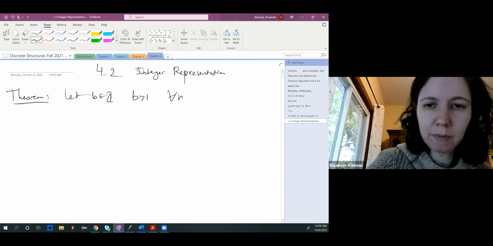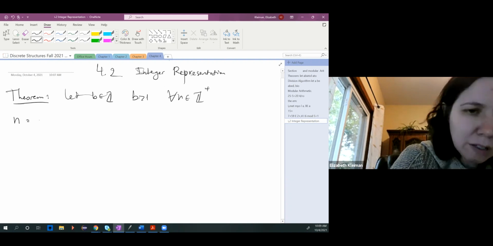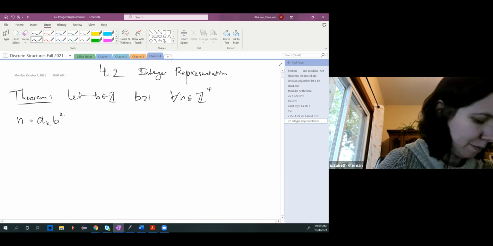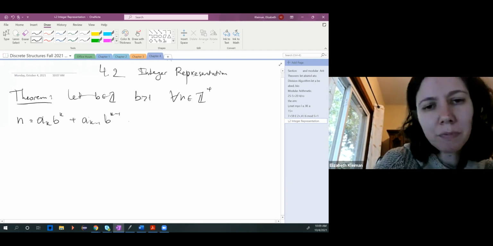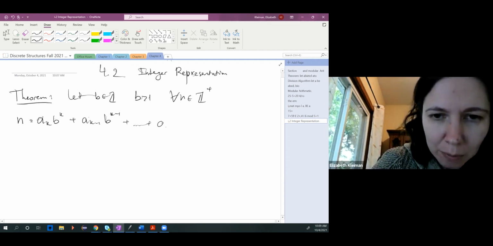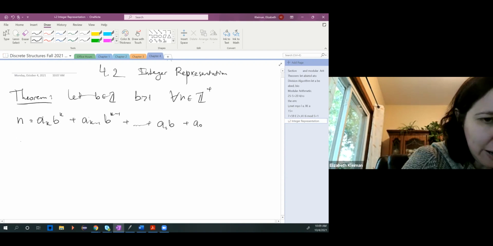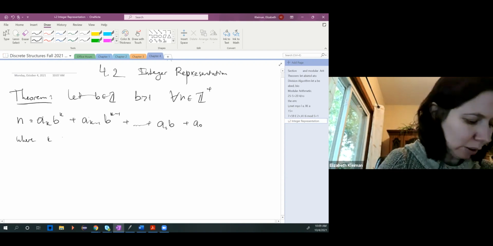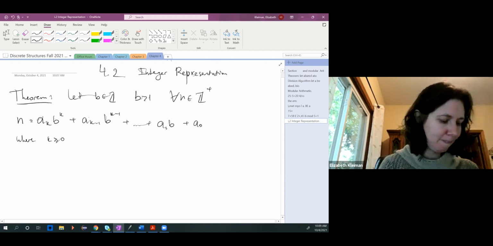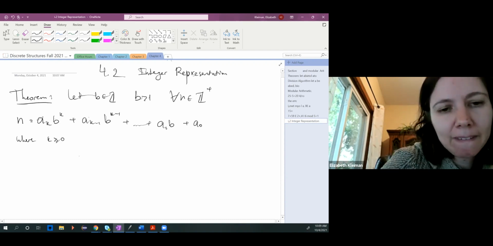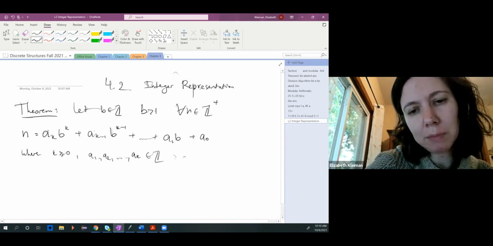For all n in Z plus, n is equal to a_k b^k plus a_(k-1) b^(k-1) plus and so on, plus a_1 b plus a_0, where k is non-negative and a_0, a_1, up to a_k are all integers, non-negative and less than b.